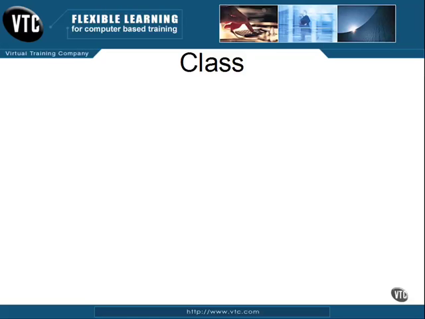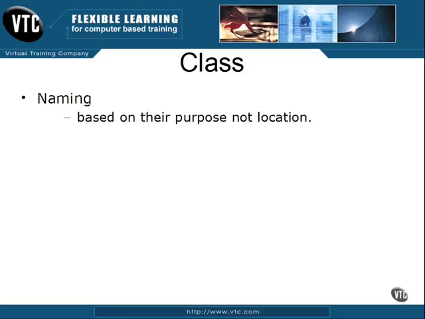So before we do that, let's go ahead and talk a little bit more about the class selector and how we can name our classes. First of all, we should name things based on their purpose, not their location. So instead of having right sidebar, we should name it something like link sidebar. Now the reason why we want to do this is if we need to change the way that things are laid out.